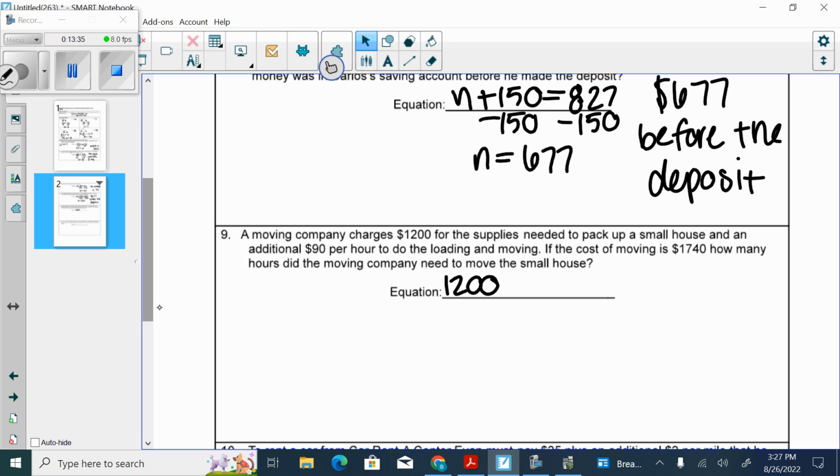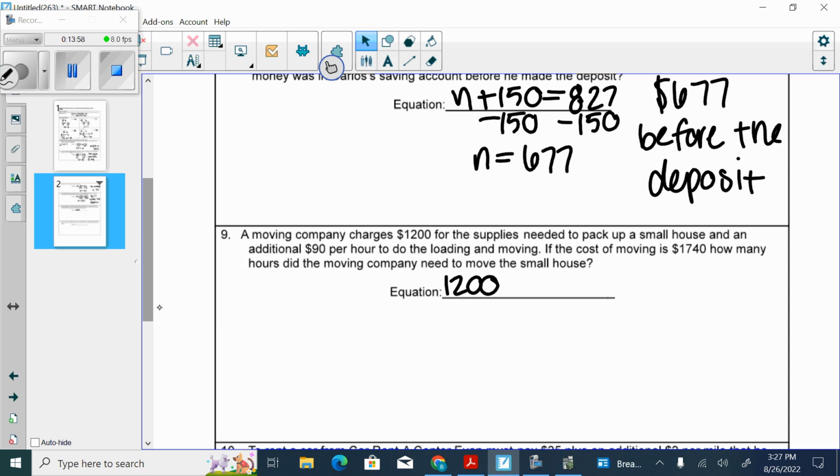Okay. From this point on, how do you determine what's being put towards your total? Per hour, right? So am I subtracting 90? What am I doing there? Huh?